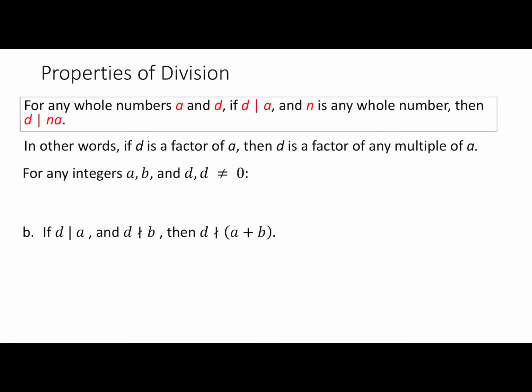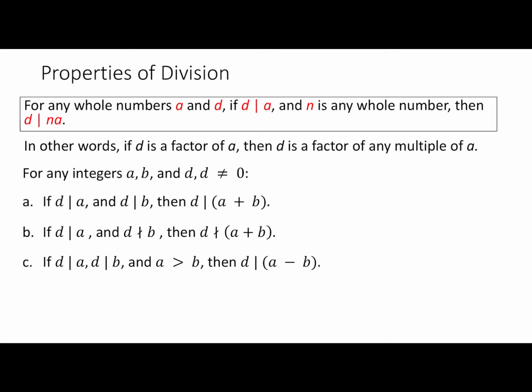Here are some more properties. So for integers a, b, and d, where d is non-zero, if d divides a and d divides b, then d is going to divide the sum a plus b. If d divides a and d does not divide b, then d does not divide the sum a plus b.